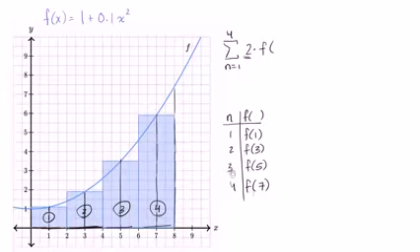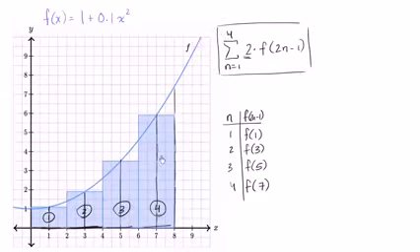It looks like if you multiply by 2 and subtract 1: 2 times 1 minus 1 is 1, 2 times 2 minus 1 is 3, 2 times 3 minus 1 is 5, 2 times 4 minus 1 is 7. So this is 2n minus 1. The area of each of these rectangles has a base of 2 and a height of f of 2n minus 1. Hopefully that makes clear the mapping between the sigma notation and what we're actually trying to do.